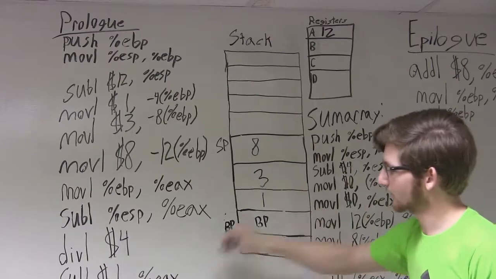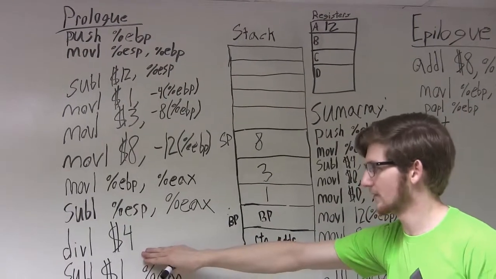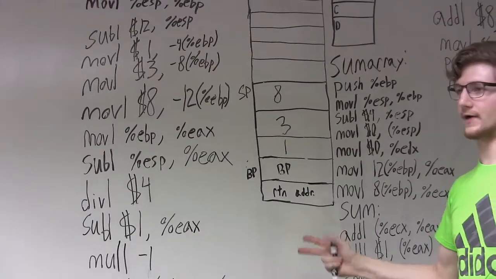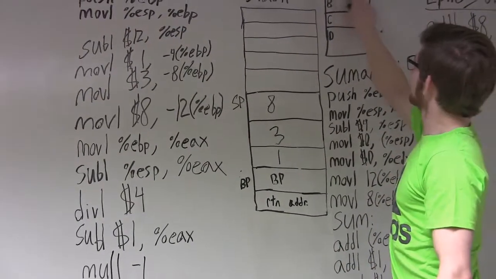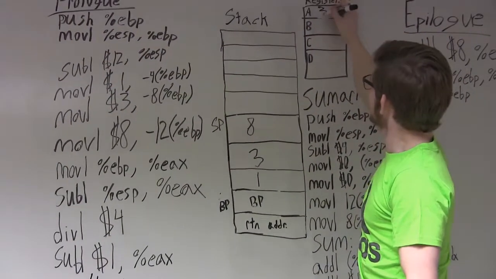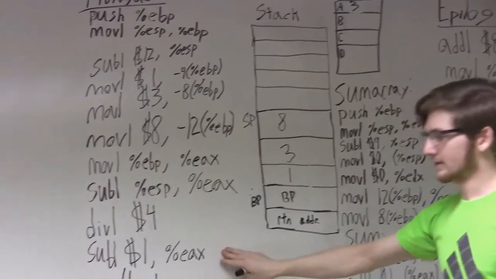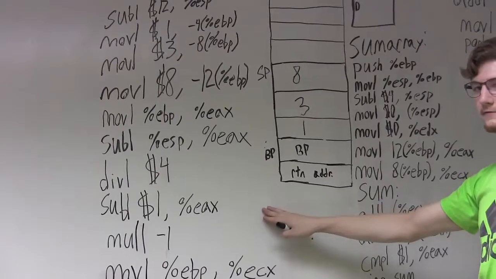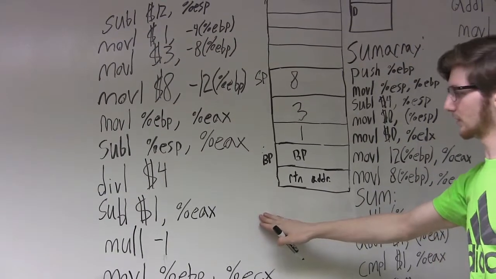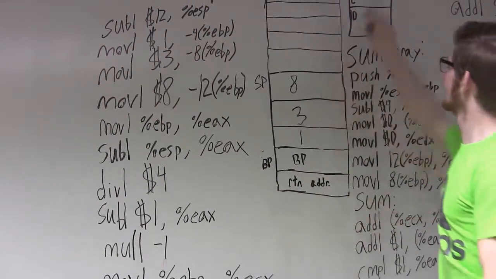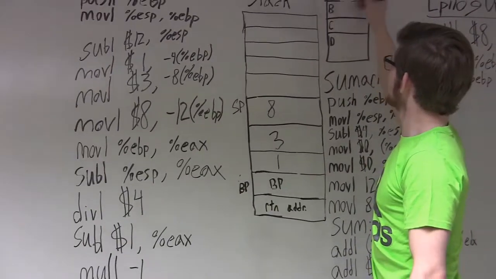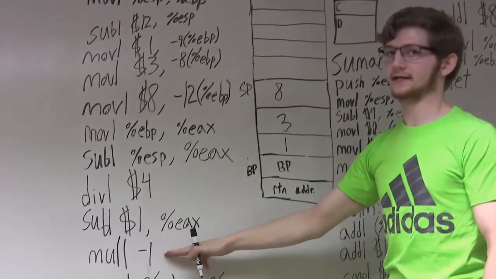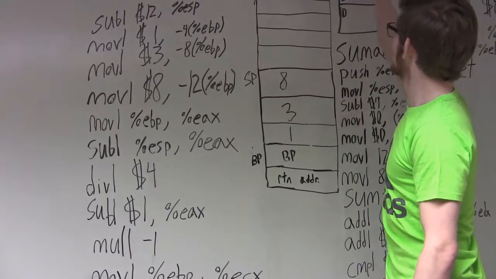After having that, we are going to divide the value of 12 by 4 in order to acquire the actual number of elements in the array, which is 3. Now, for later purposes in the SumArray function itself, when we're doing jumps, we are going to subtract 1 from it to give us a 2, and then we are going to multiply that value by -1 to give us a -2.